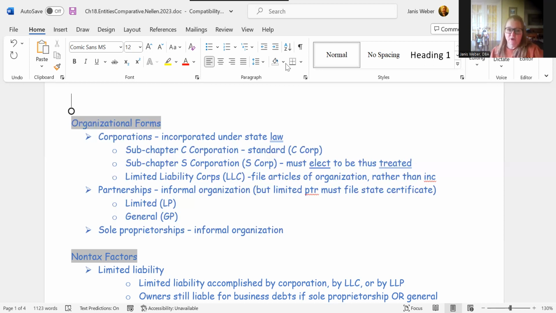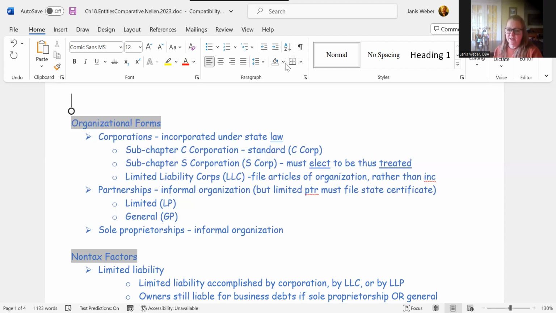Other than corporations, there are partnerships. It can be an informal organization. They can have legal documents, of course, and they often do, but they don't have to be documented like that in order to still legally be a partnership. It's just a combination business where multiple owners own it together.